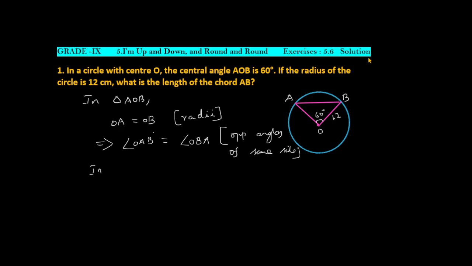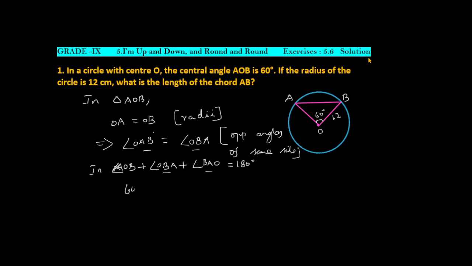So, in triangle AOB, angle AOB plus angle OBA plus angle BAO, the sum of these three angles is 180 degrees. Now, these two are equal angles.